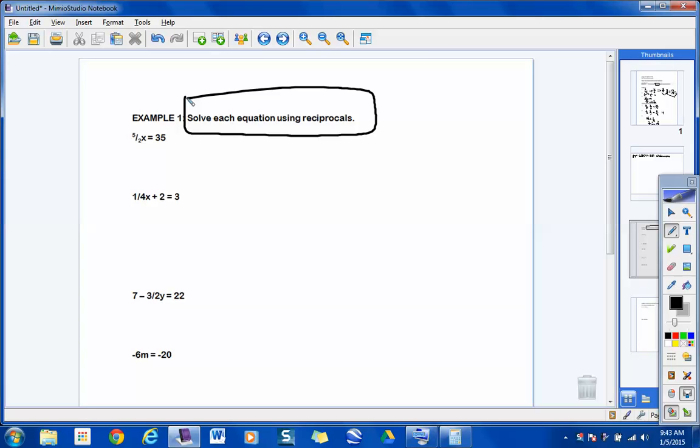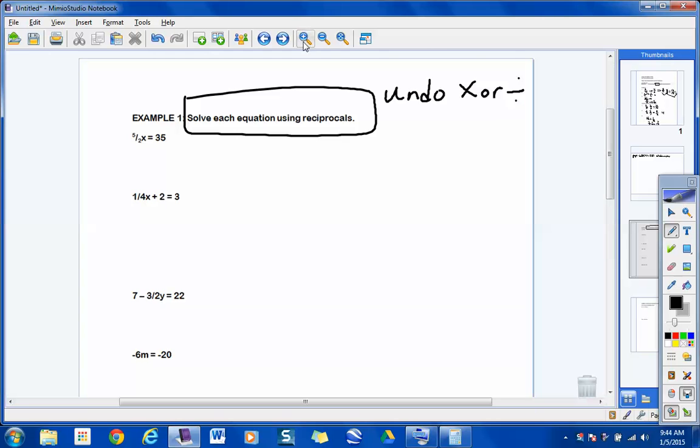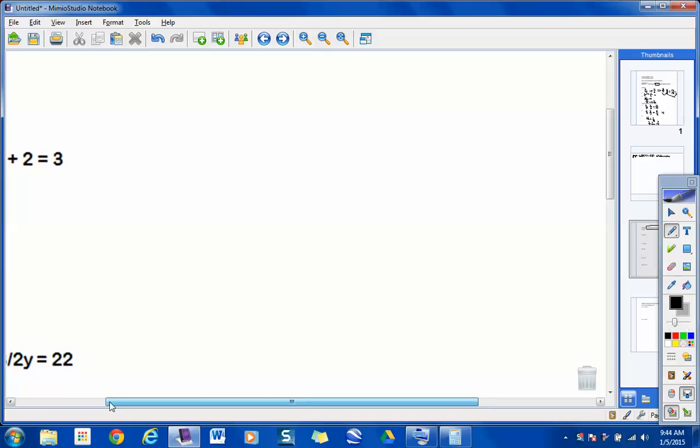Okay? Now guys, I'll tell you this right here. Solving an equation using reciprocals is going to fall under the last rule. This is really undoing multiplication or division. Okay? Using reciprocals really falls under that rule. Undoing multiplication or division. That's really the last step. Okay? So here's how this works. I'm going to kind of zoom up on this and rewrite some stuff so I have a better understanding here.